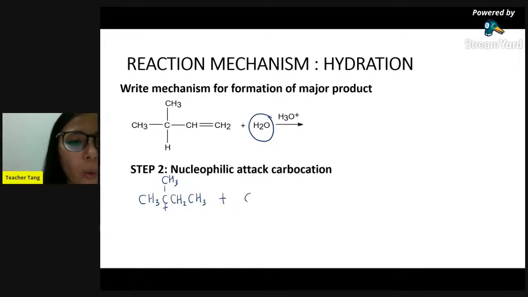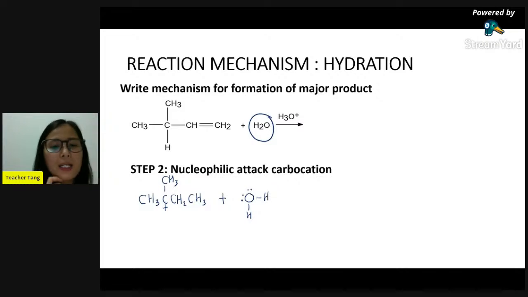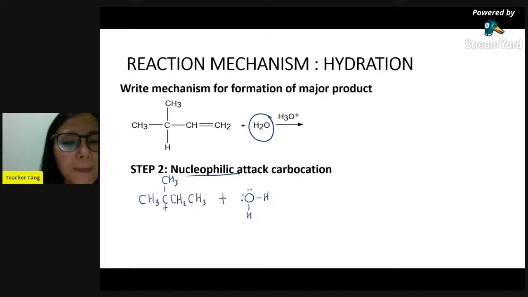So what happened is nucleophile attack. So siapa nucleophile dekat sini? Nucleophile kaya elektron. So oxygen of the water kaya elektron. So guna the lone pair attack the carbon that carry the positive charge.